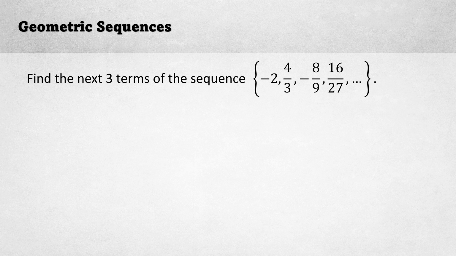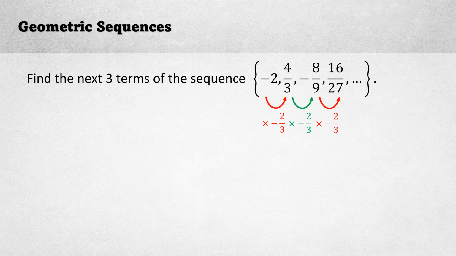In this example, we're asked to find the next 3 terms of the sequence. We can see that -2 times -2/3 is 4/3. 4/3 times -2/3 is -8/9, and -8/9 times -2/3 is 16/27. So this looks like a geometric sequence with a common ratio of negative 2/3.